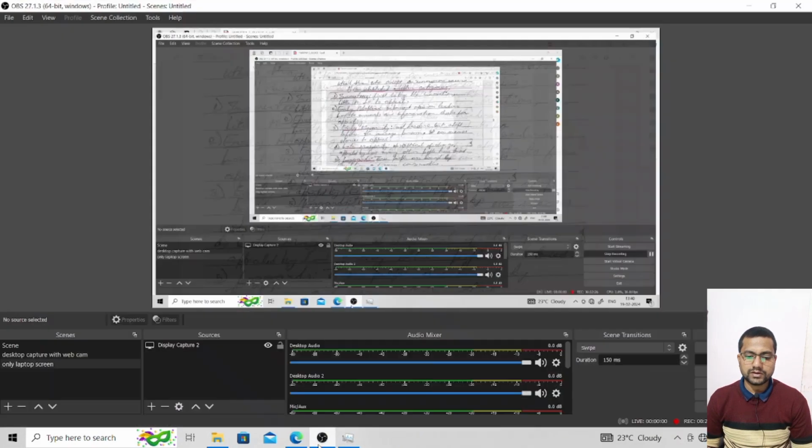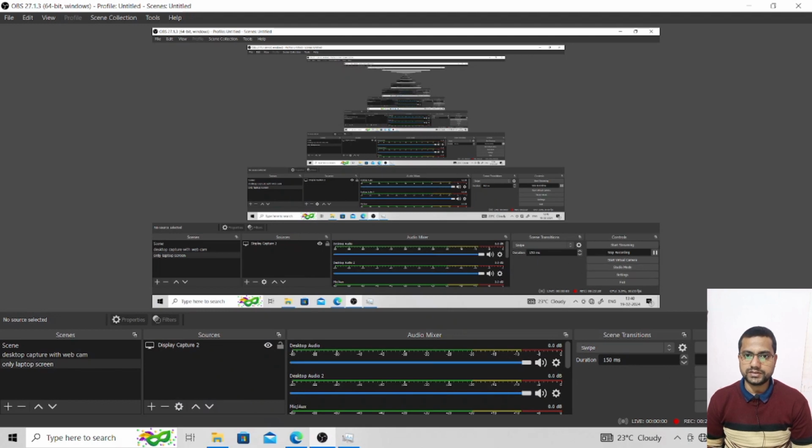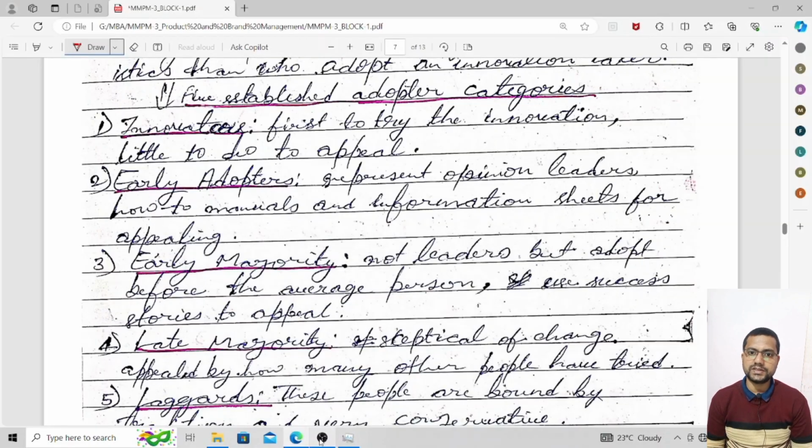Then the fourth one is the late majority. The late majority are skeptical of change. Okay, it means they are not motivated. To appeal to those people to use the product, what we can do is show how many other people have tried.